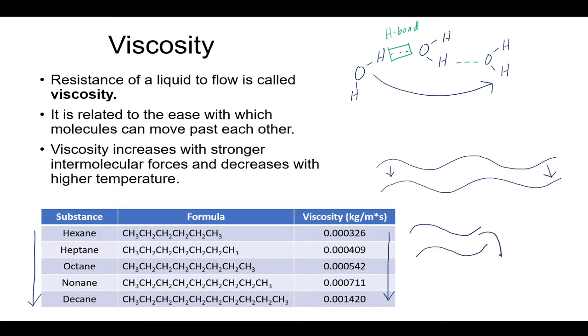But it's going to be easier for it to pass the other molecule, for it to slosh past the next molecule in the liquid phase. Now, all of these viscosities for all these hydrocarbons shown here are actually lower than water's. And the reason why is that this hydrogen bond right here is much stronger than a dispersion force, which is the only force that these big long hydrocarbon chains have with one another.